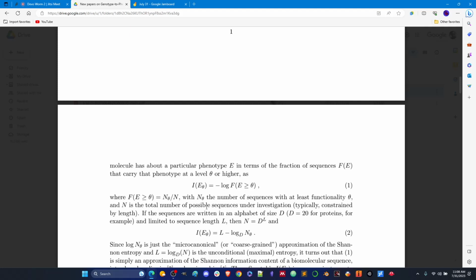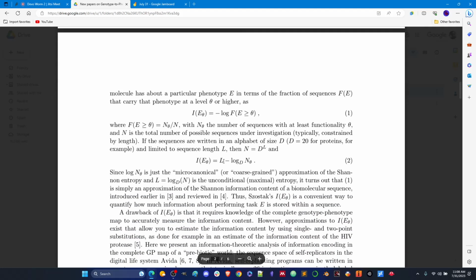And then if the sequences are written in an alphabet of size D, so that means like the bases that you have. For proteins, you have 20 amino acid types that can be combined. Or in DNA, you have D equals 4, you have 4 nucleotides. So this is how this is calculated, then limited to sequence length L, then N equals D to the power of L, and that's our information measure.